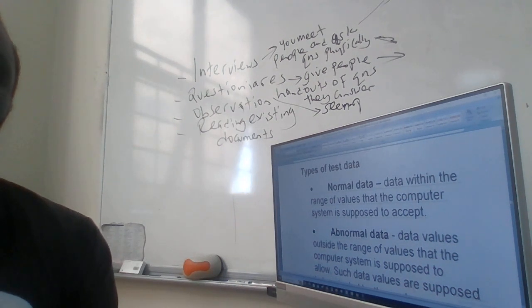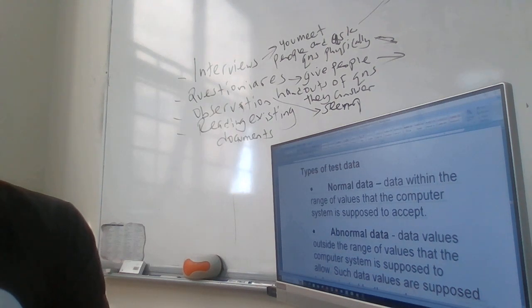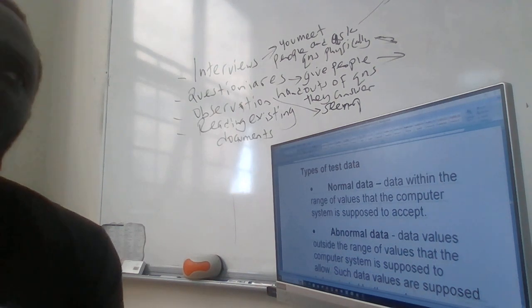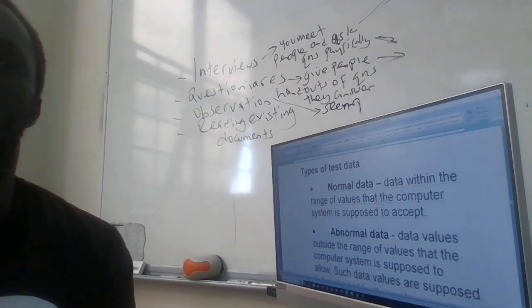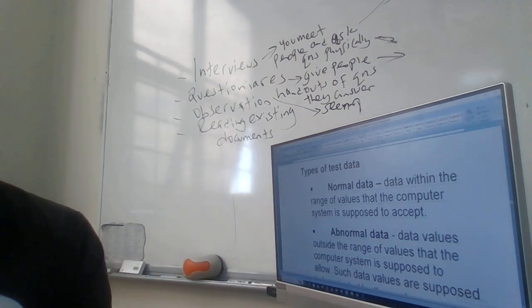Abnormal data means data which the system does not accept. I'm going to look at examples and you'll see.